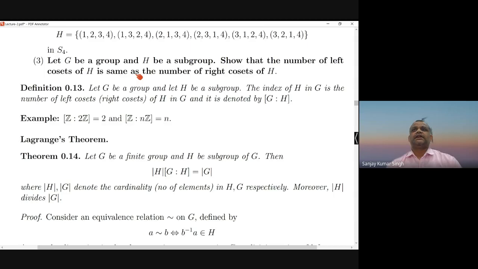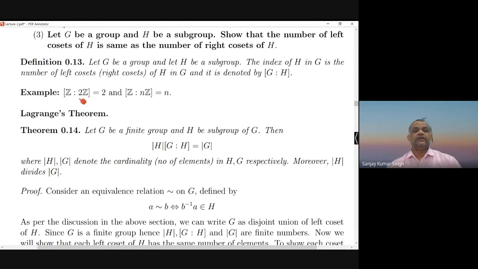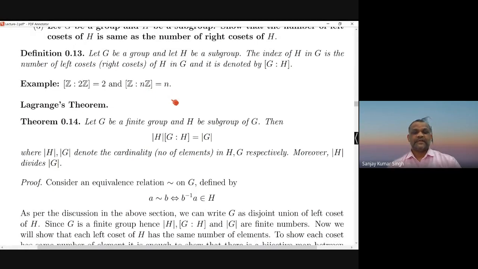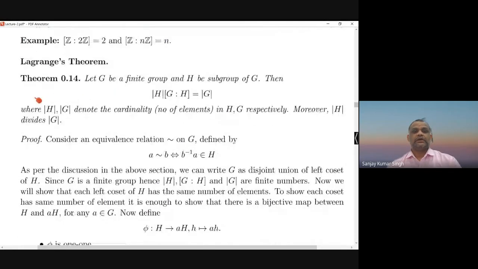That's why I define the index to be the number of left or right cosets of H in G. For example, if you take Z and the subgroup 2Z, then the number of left cosets of 2Z inside Z is 2, and hence the index is 2. Good. Any question?